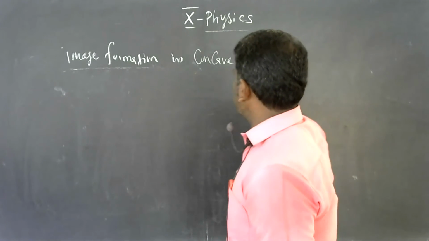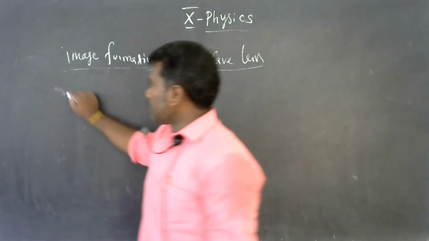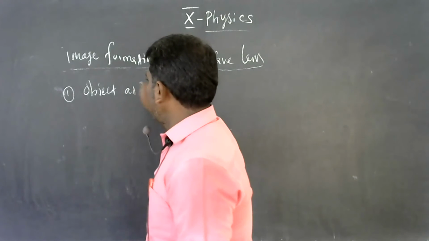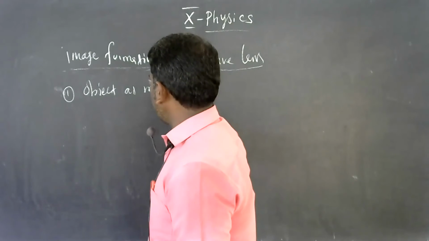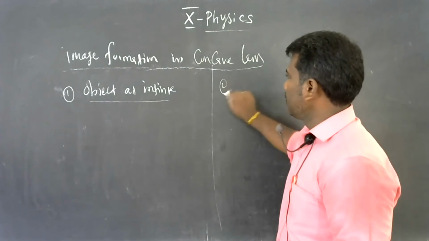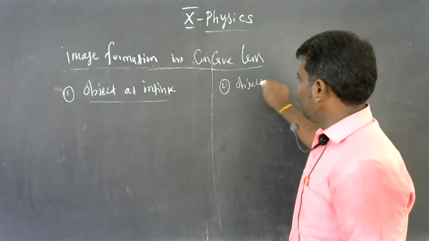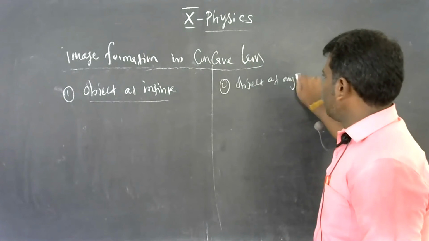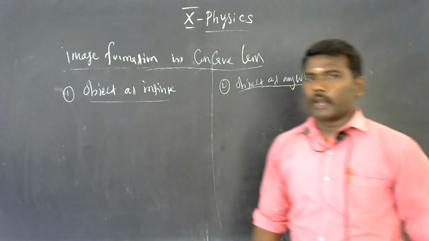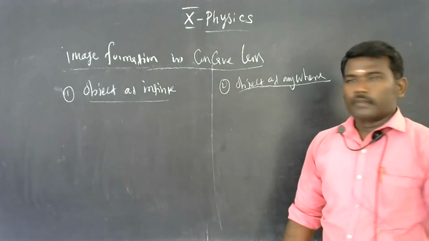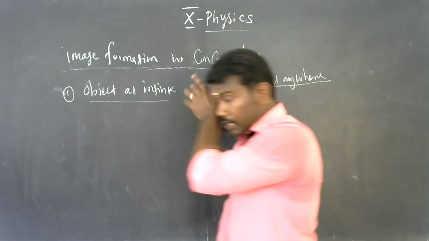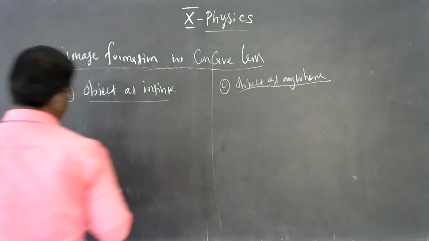In the concave lens, 2 cases: one is when the object is located at infinite distance, and the second case is when the object is located anywhere apart from infinite distance. The image will be formed at a particular place.